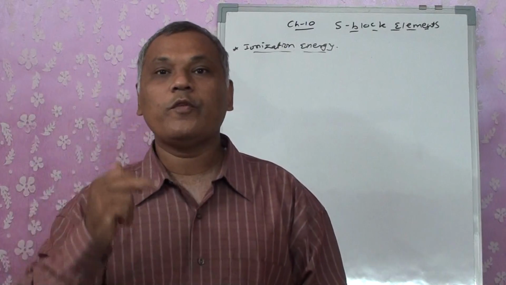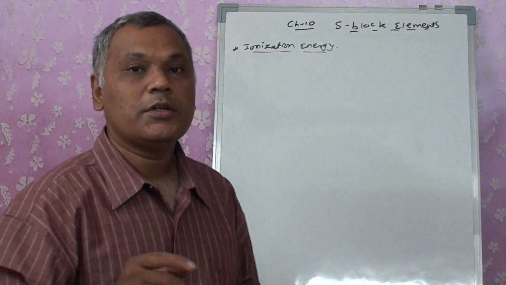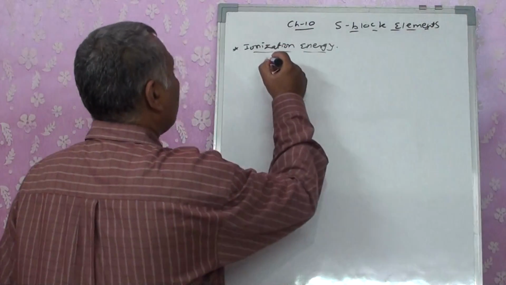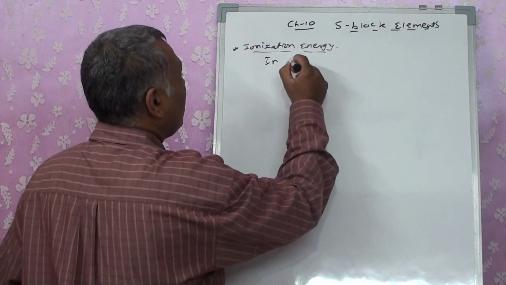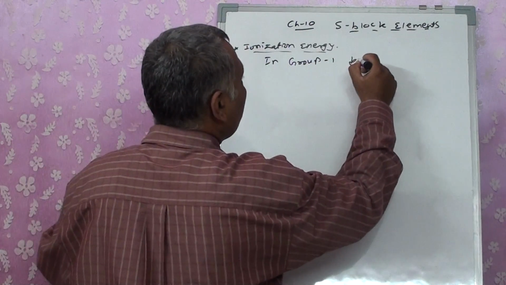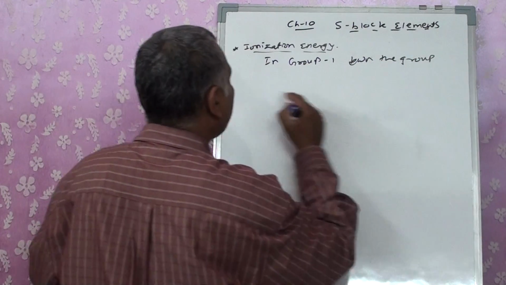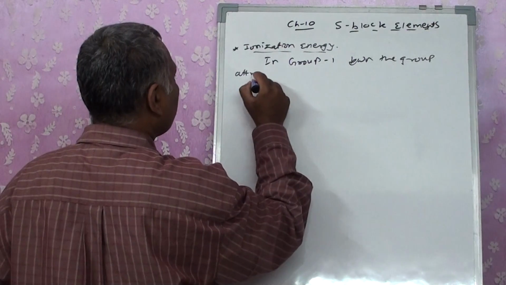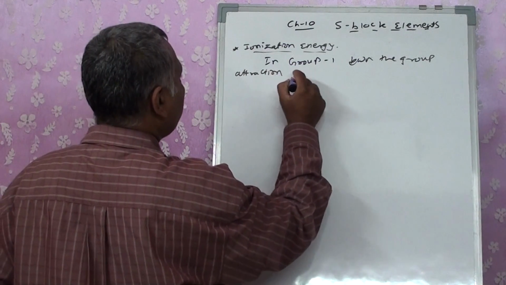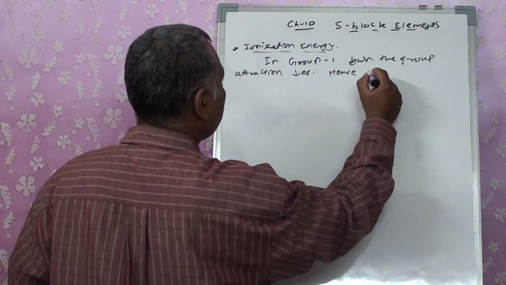We know that as I move from top to bottom, atomic radius is increasing. That means force of attraction decreases. Now, in group 1, down the group, attraction decreases.